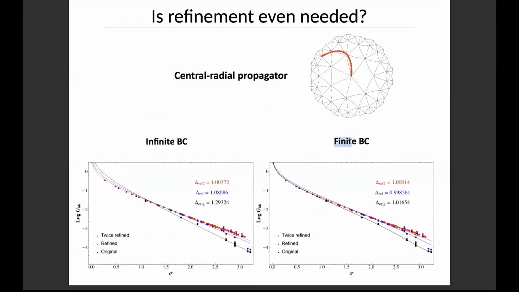Now, when I say the finite boundary condition over here, what I mean is that this GBB that we solved for, this propagator whose analytic form I showed several slides back, is solved for the case of AdS where it goes off to infinity. You can actually solve, it's not pretty, you can do it in Mathematica, it's very nasty, but you can solve analytically for the form of this propagator for the finite boundary condition.